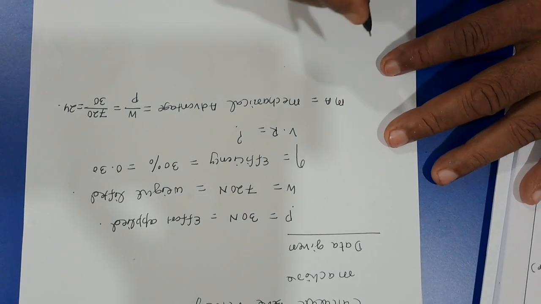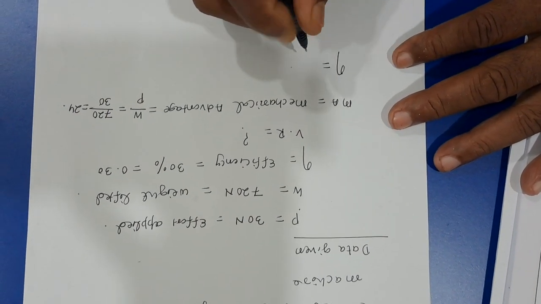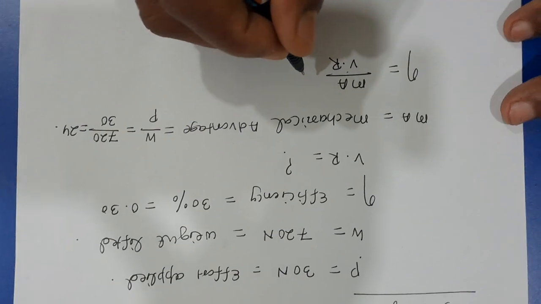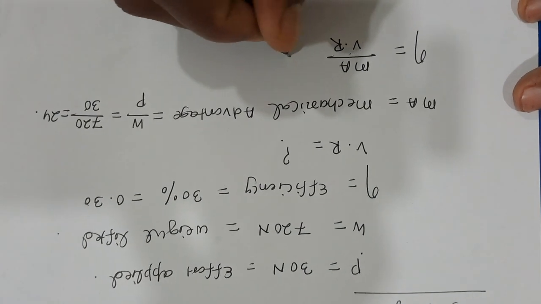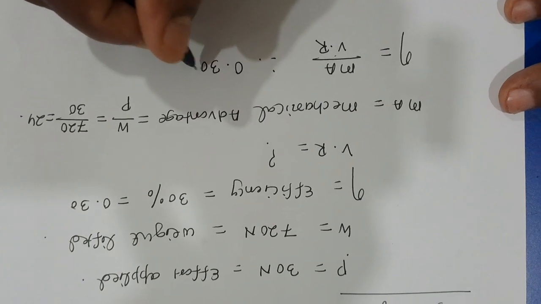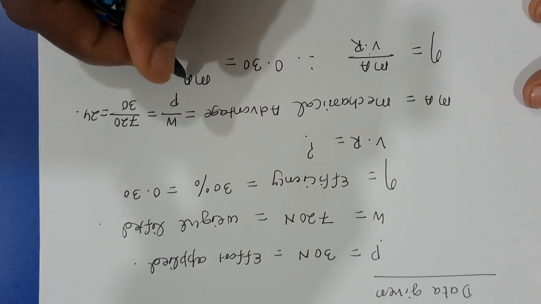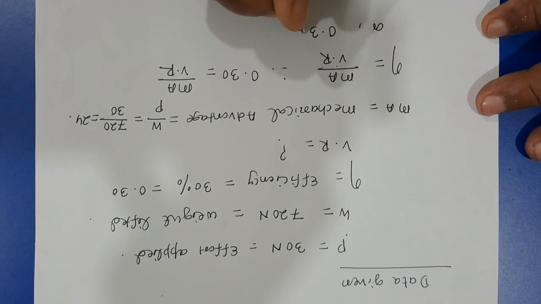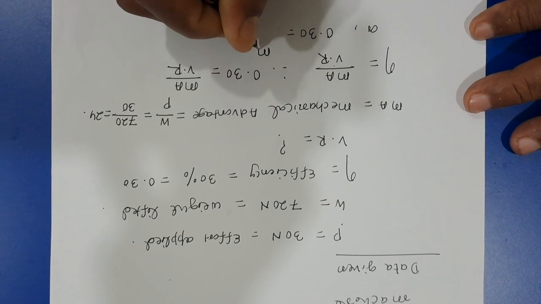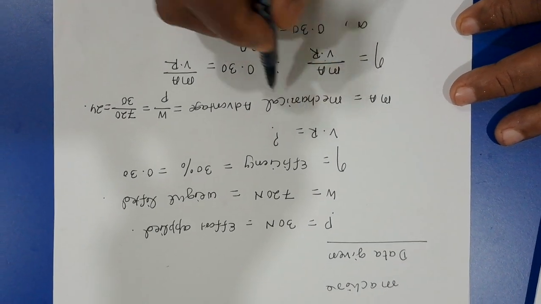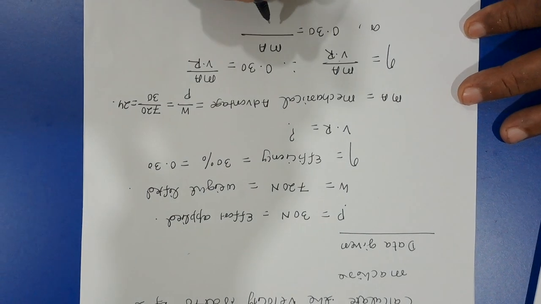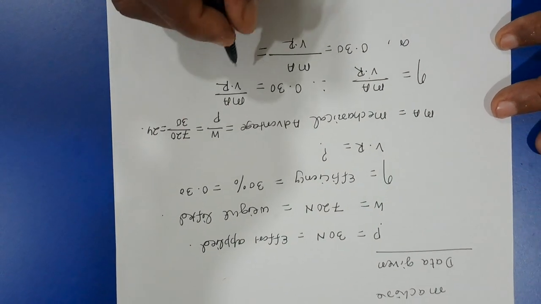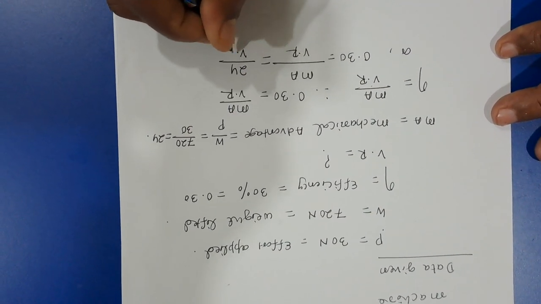Now we know that efficiency is equal to mechanical advantage by velocity ratio. Therefore after putting the value we have 0.30 is equal to MA by VR, where MA is equal to 24, so 0.30 is equal to 24 by VR.